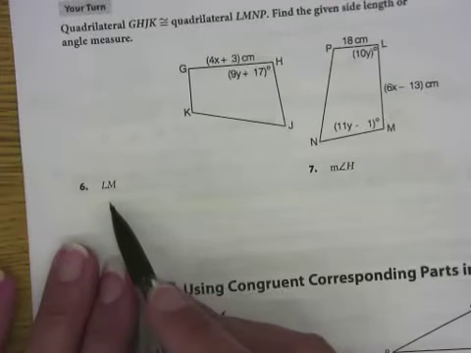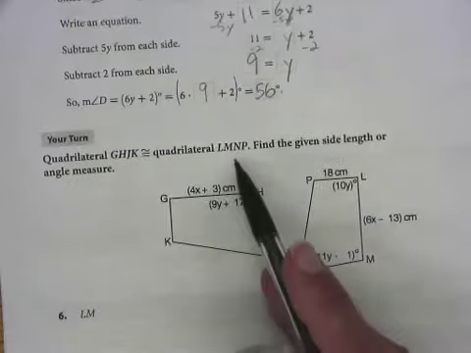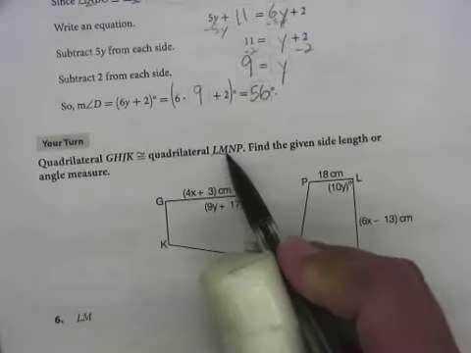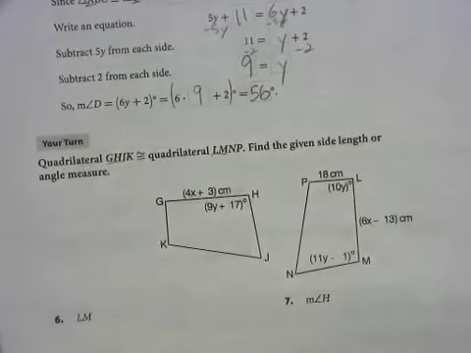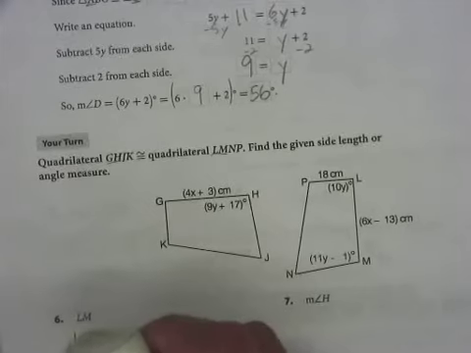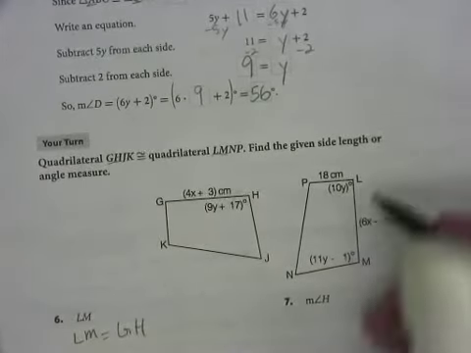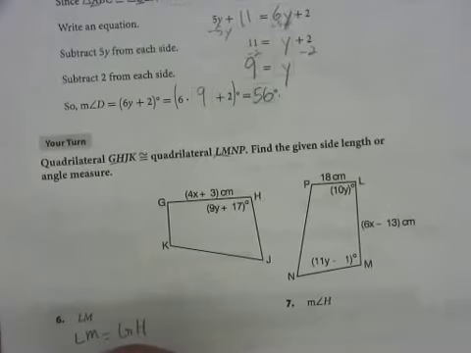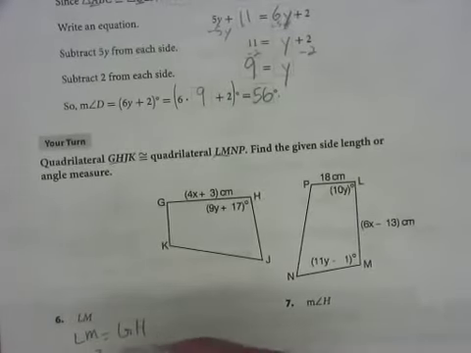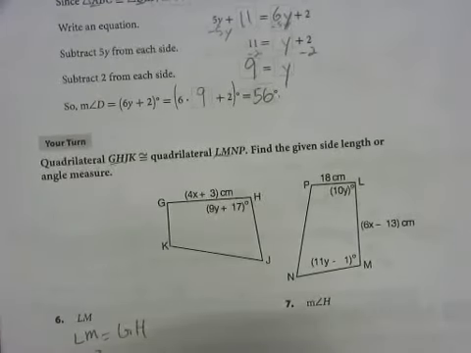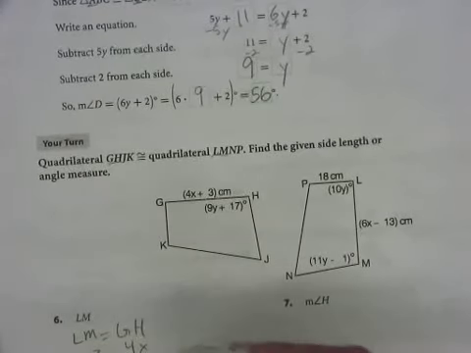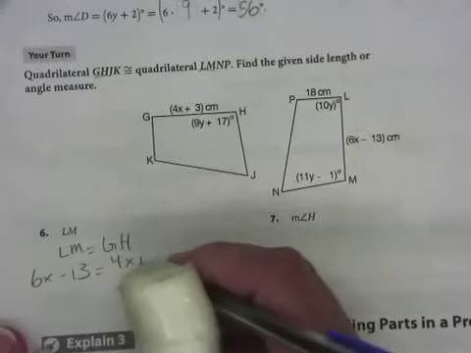Let's do one more example like that. In number 6, I'm asked for the length of LM. Notice here I'm told that LM is equal to GH. Okay, so the length of LM is equal to the length of GH. Well, the length of LM is 6x minus 13. So that's going to equal the length of GH.